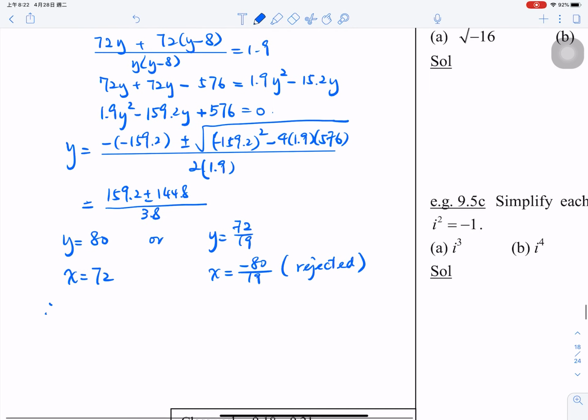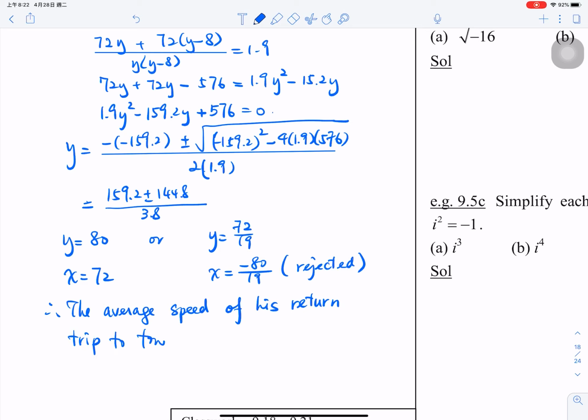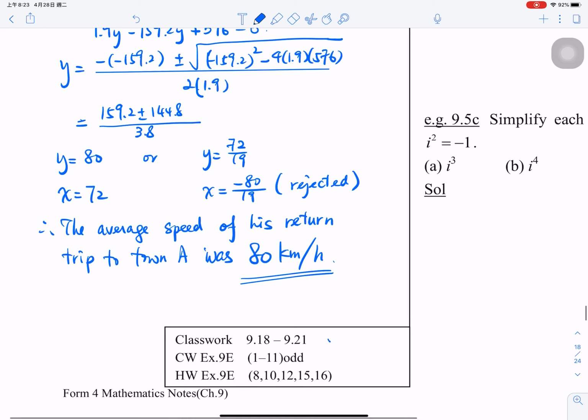Okay, as a result, the average speed of his return trip to town A was 80 kilometers per hour. Okay, so try to do the classwork and also the homework.